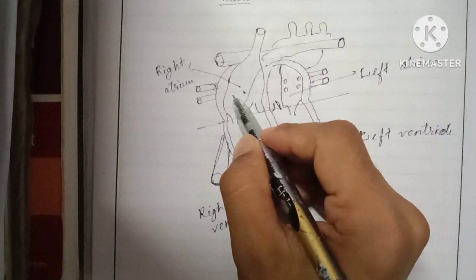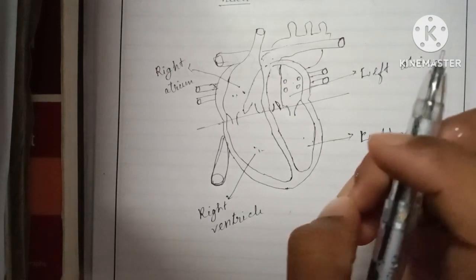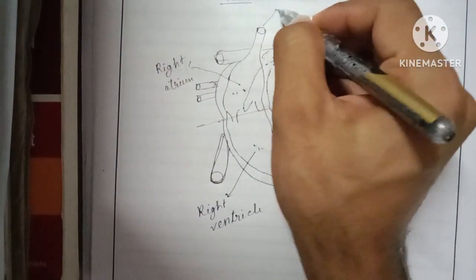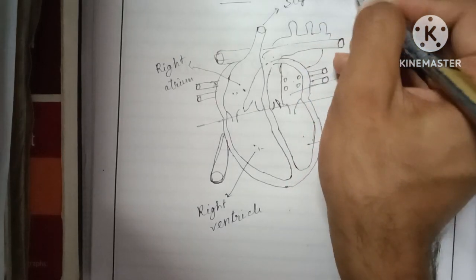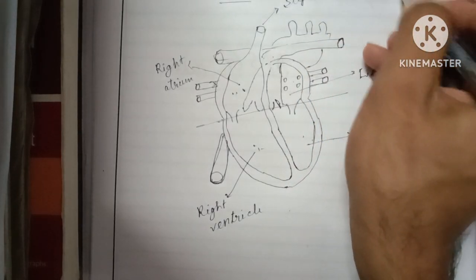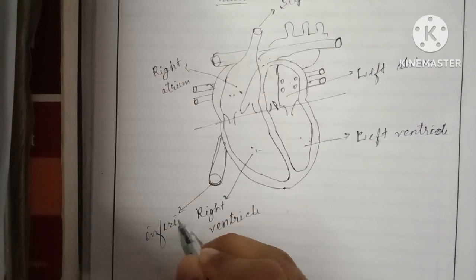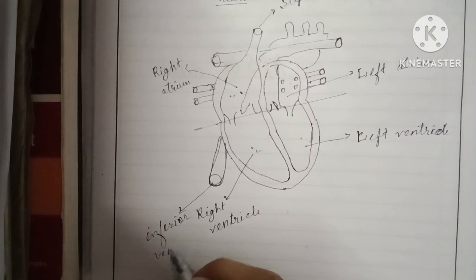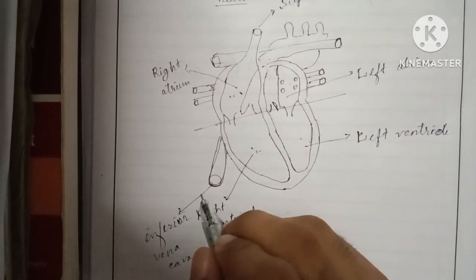So the function of this right atrium is to collect blood from different parts of the body. This right atrium collects blood through superior vena cava, and through inferior vena cava, and coronary sinus.